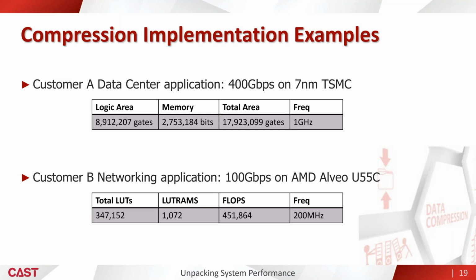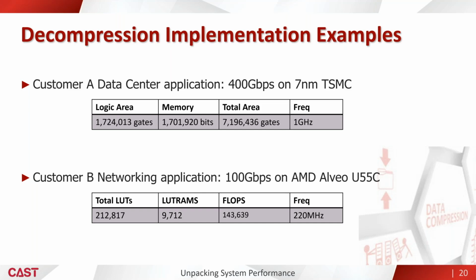And customer B is a networking application on an AMD Virtex FPGA device for 100 gigabits per second throughput. The frequency we reached on this device for this specific implementation was 200 megahertz, and the total LUTs were about 350,000, with about 1,072 LUT RAMs.